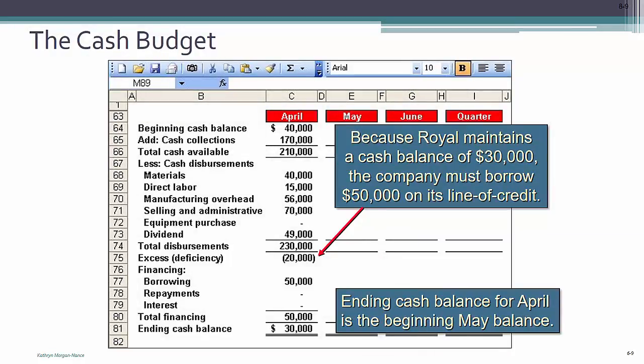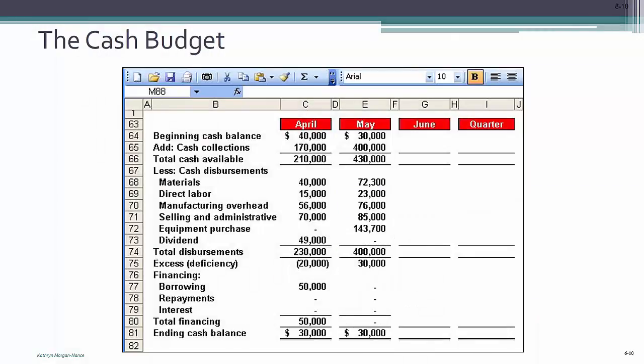The fourth step is to determine the financing requirements and the ending cash balance. After Royal borrows $50,000 on its line of credit, it will have an ending cash balance of $30,000. Notice when we look at the next slide that the ending cash balance for April becomes the beginning cash balance for May. And now let's complete the cash budget for the month of May.